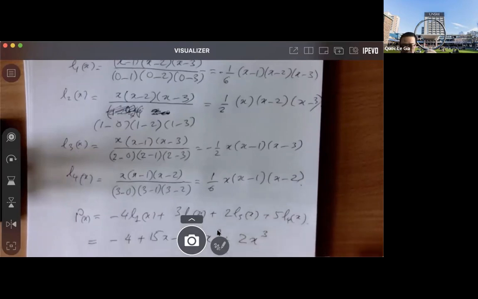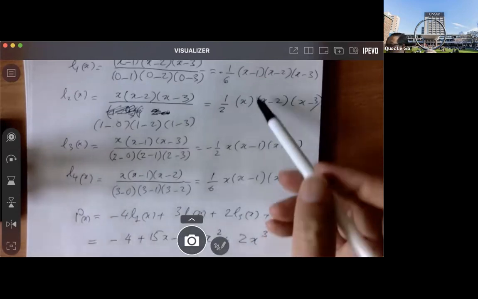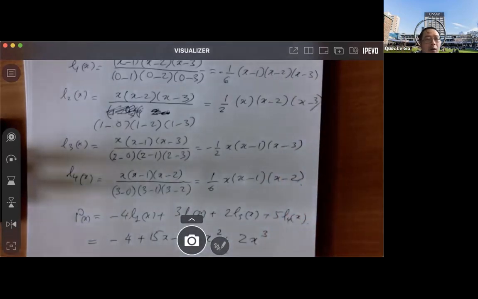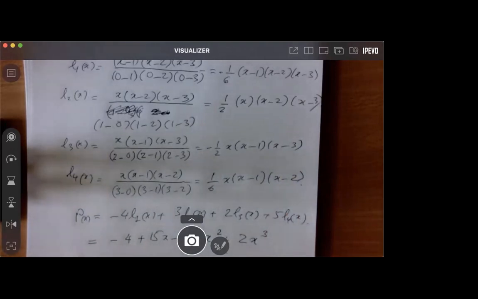And now for the Newton form, we have to compute the divided difference table. Well, I think you can stop in the expression, or you can leave it like this.